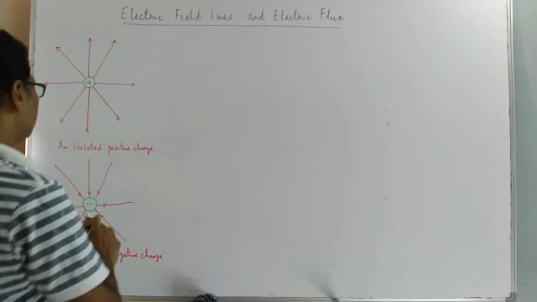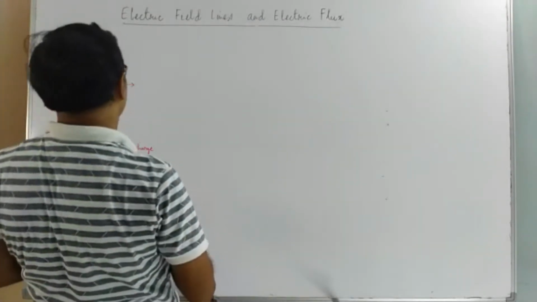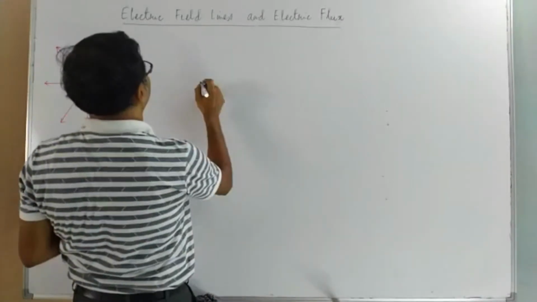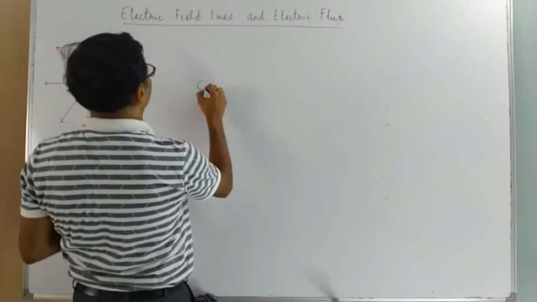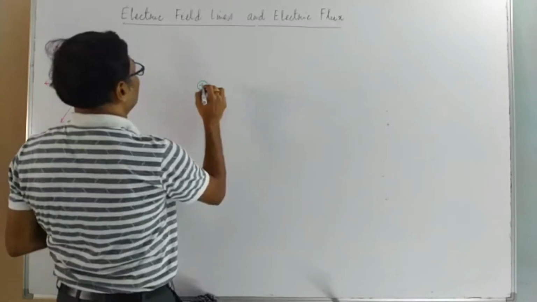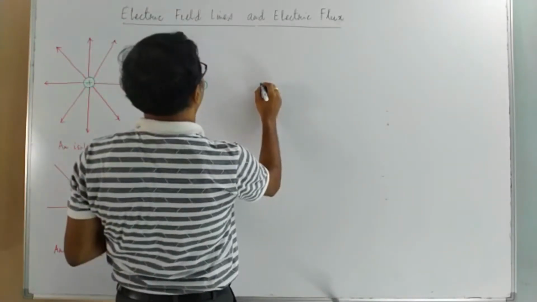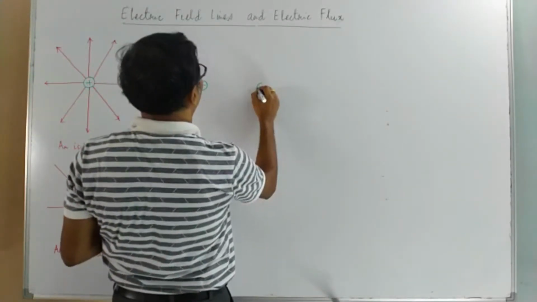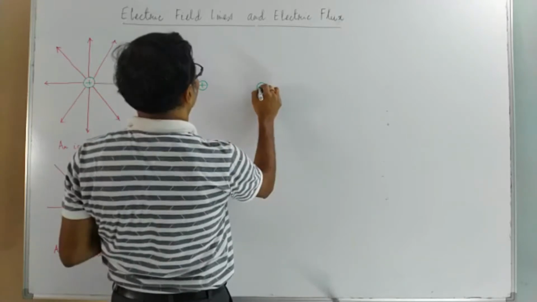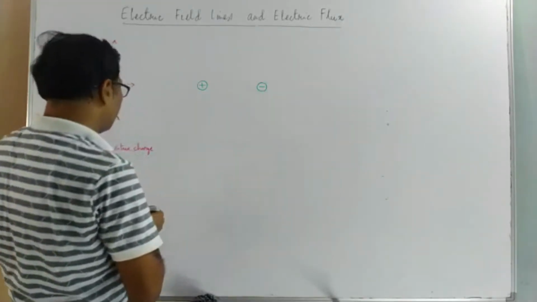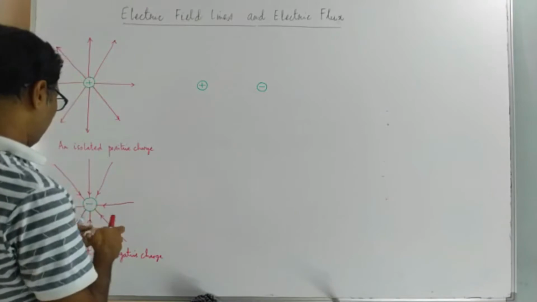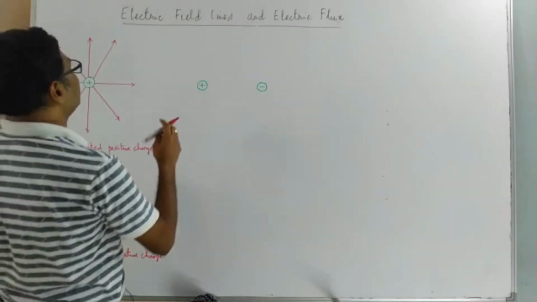We may also consider an electric dipole. So you have a positive charge, you have an equal amount of negative charge separated by a short distance.